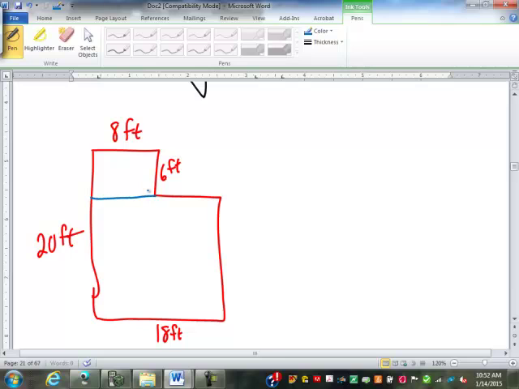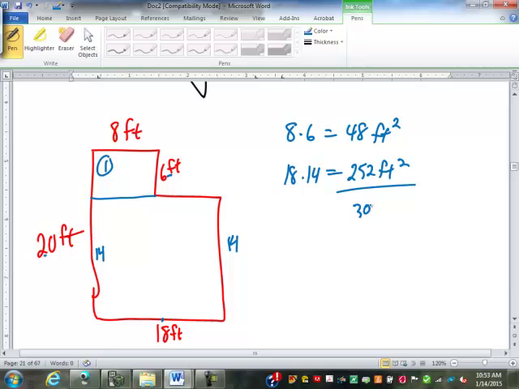I can cut it like this into two small rectangles. I have one here that is 8 by 6, or 48 square feet. And this one is 18 by 14, because you have to take the 20 minus the 6, right? This is 14 over here. 18 by 14, otherwise known as 252 square feet. That adds up to 300 square feet.